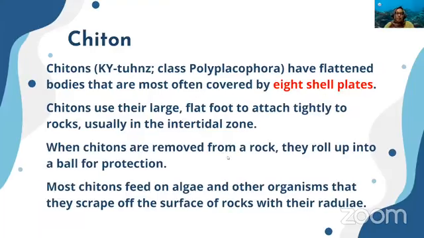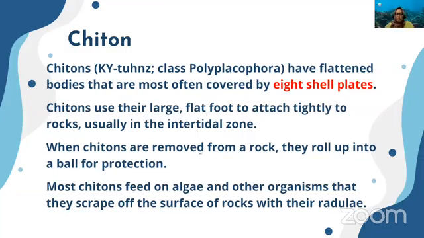First we are going to learn about chitons. Chitons belong to class Polyplacophora. They have flattened bodies covered by 8 shell plates, and that's the significant feature of the chiton. Chitons use their large flat foot to attach tightly to surfaces. They also have a radula in their mouths, so they can scrape the algae attached to the rocks or any other organisms.